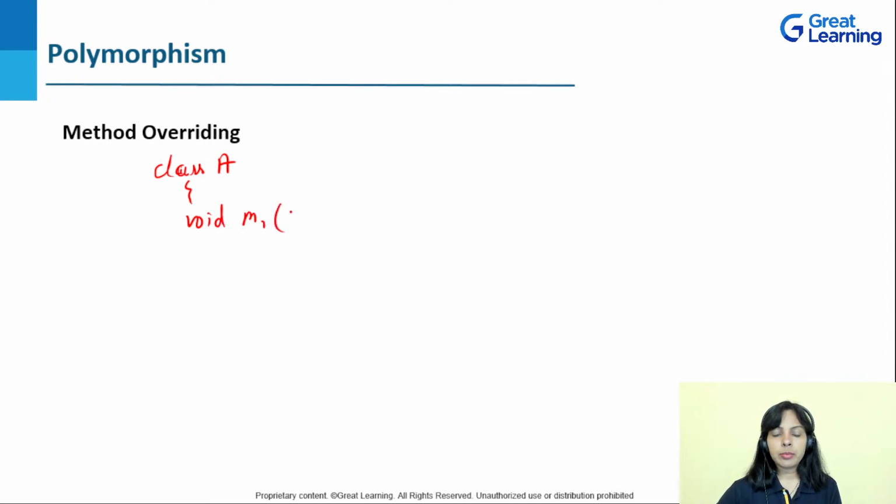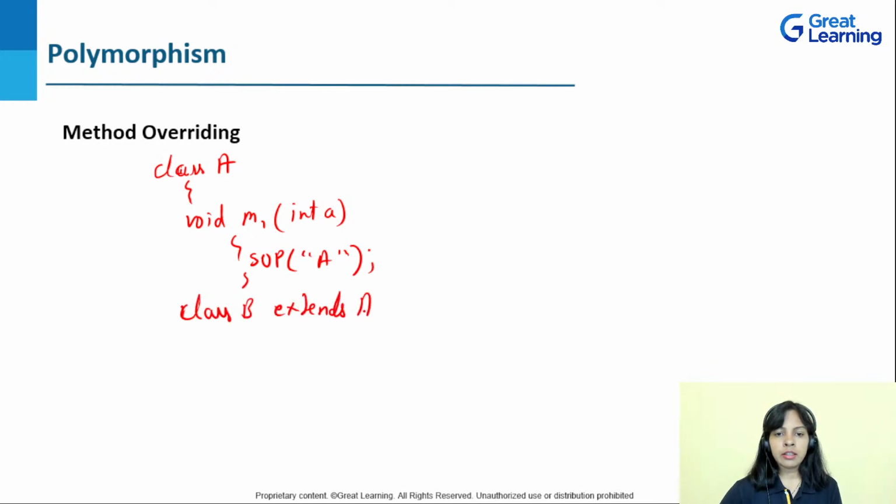The type here is, suppose, int itself, and this prints, so system.out.println, and this prints here, suppose, a method a. Okay, then there is another class b that extends a, and here it is void m1 int a. Okay, in method overriding I'm using the same method signature.